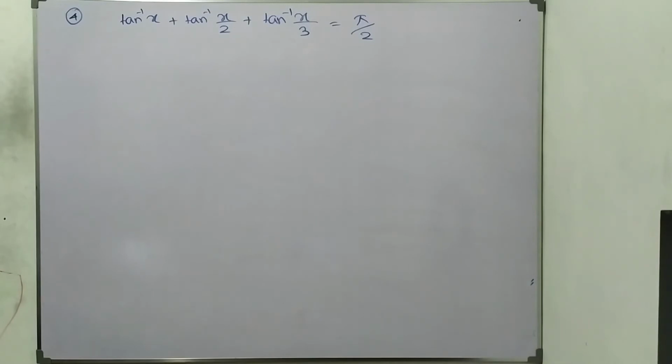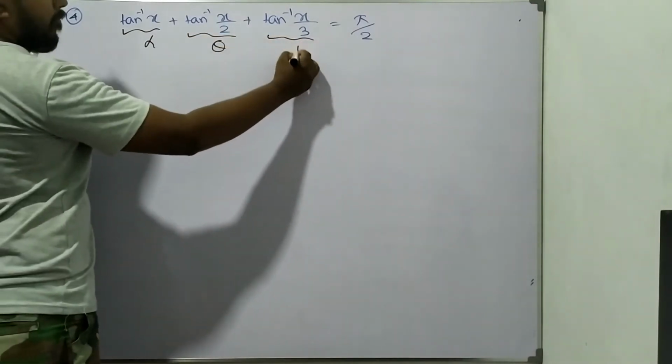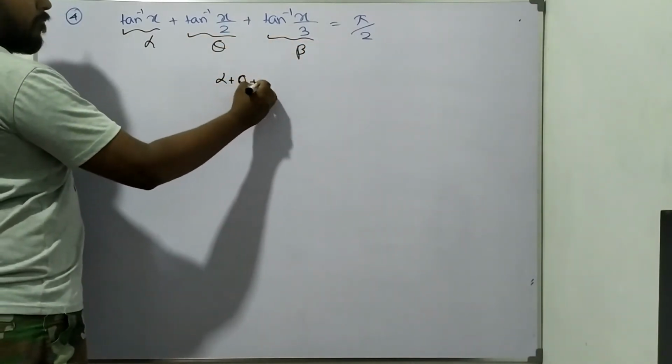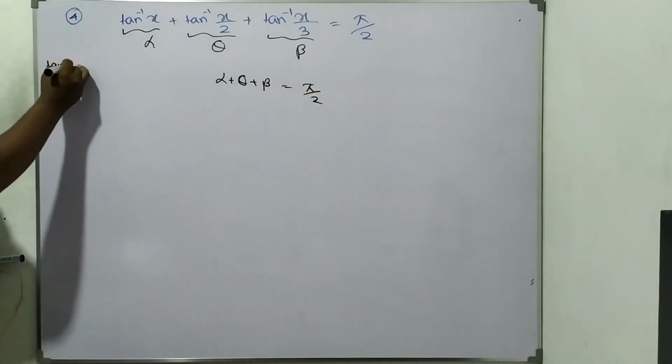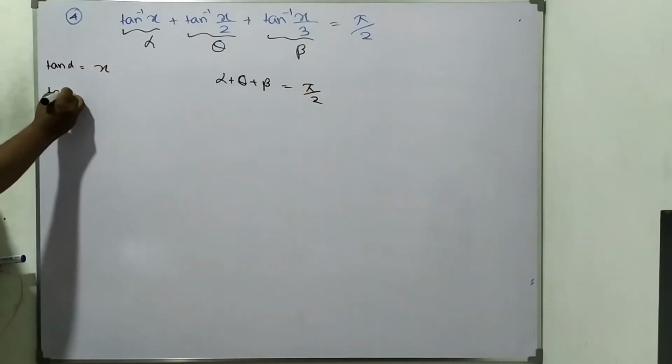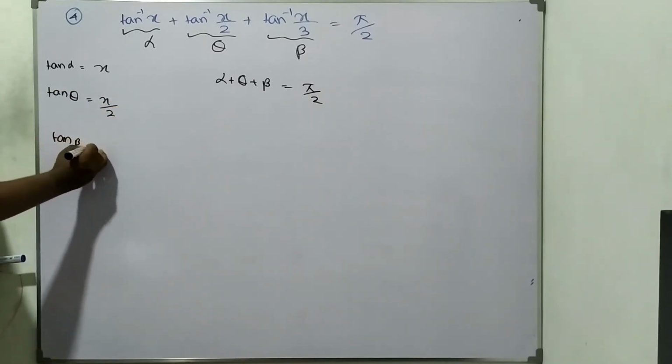Okay, this is my next example. So we have tan inverse with three parts, right? Alpha, theta, beta. Alpha plus theta plus beta equal 90. So when you are taking tan on both sides, tan 90 is obviously infinity, but it's difficult to expand three angles at one time, right?